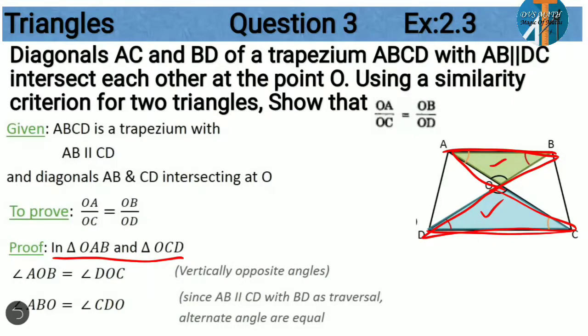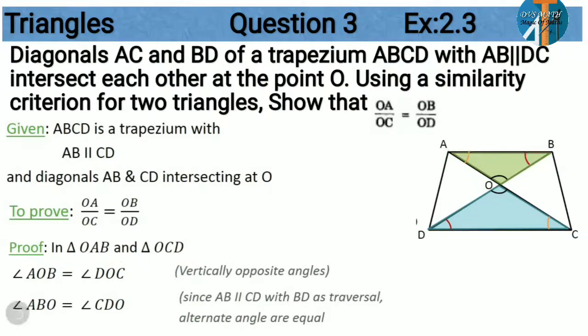As you all know, we have to use the similarity criterion. You can take the ratios of their sides or you can take their angles. For using the angles, the first angle is angle AOB equal to angle DOC, which is a vertically opposite angle. This is the first one we are taking.